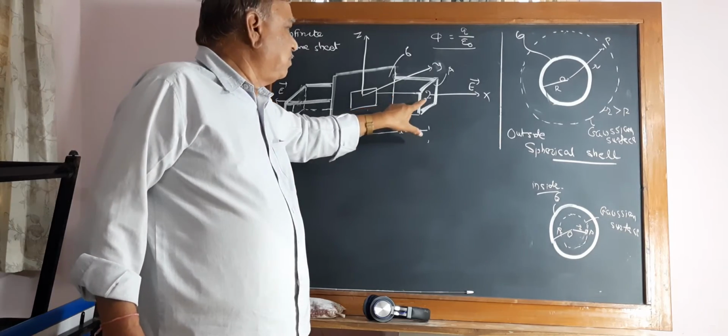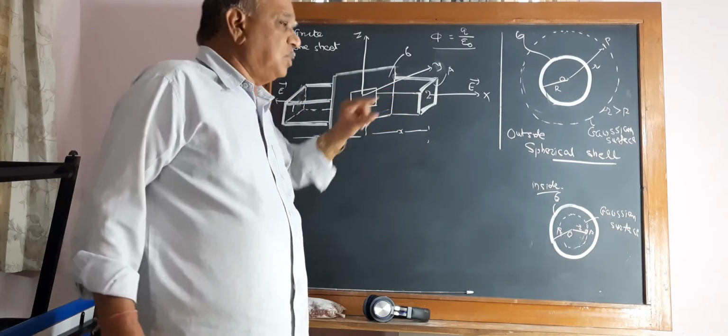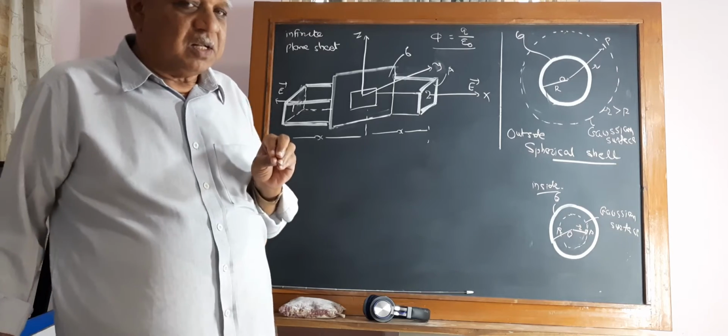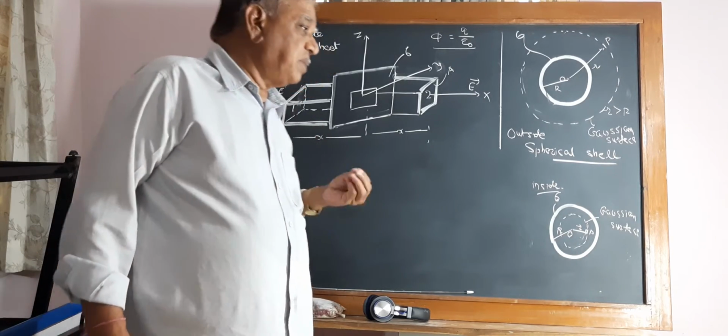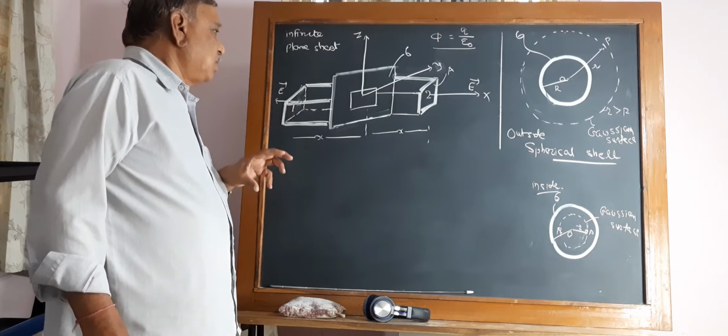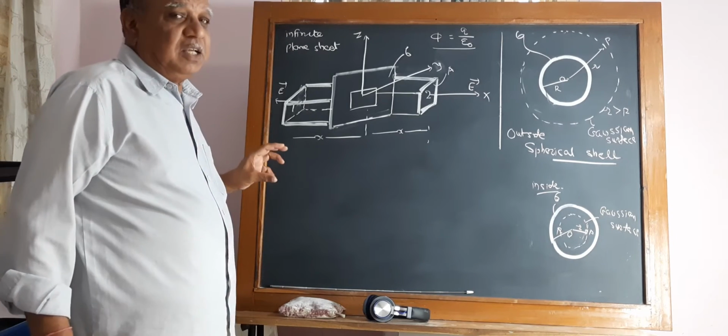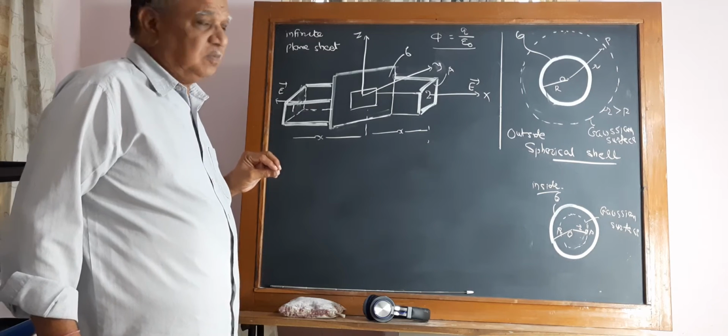So only surfaces 1 and 2 contribute flux. The remaining surfaces do not contribute any flux.